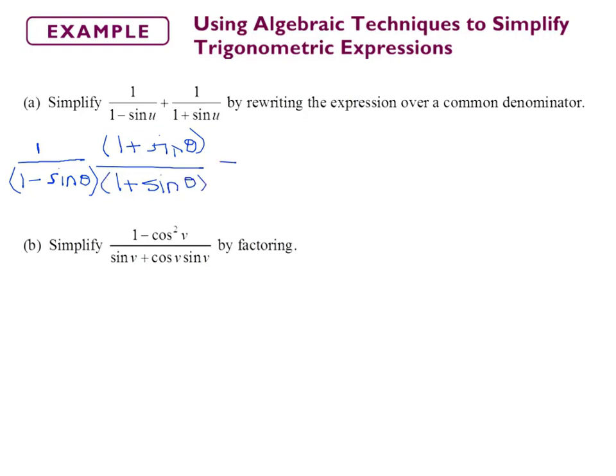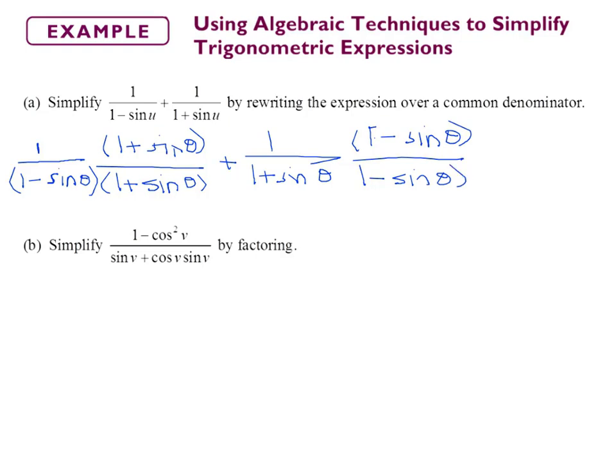And then I multiply this by 1 minus sine theta over 1 minus sine theta, right?